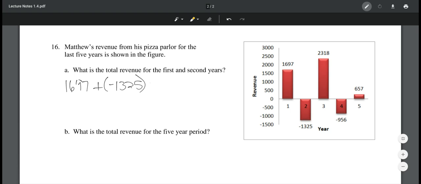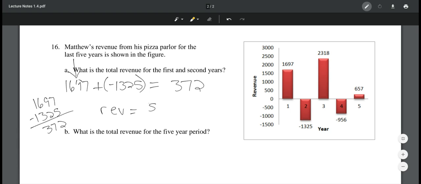So when I add those two together, I technically subtract. So I should be saying 1,697 minus 1,325, and that gives me 372. But that 372 will stay positive because this absolute value is bigger than negative 1,325's absolute value. So the revenue for the first 2 years was $372.